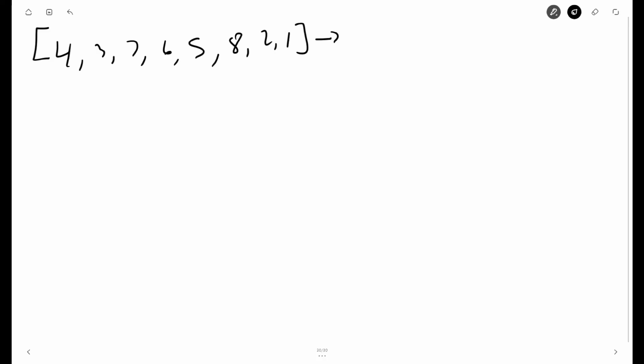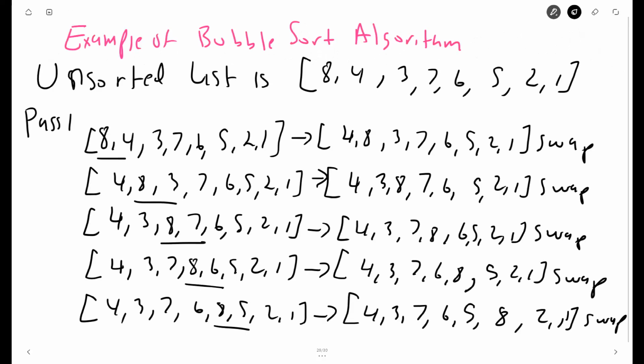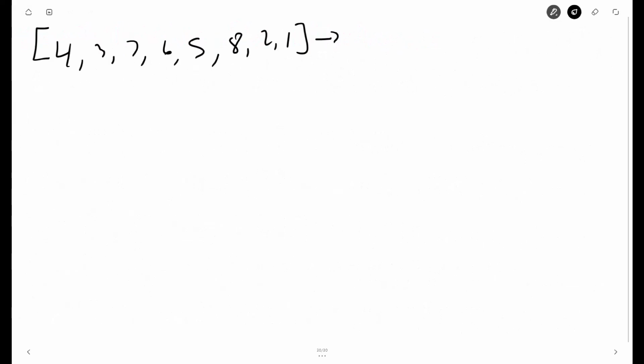Okay, so the last one we did were 8 and 5. So now we're gonna do 8 and 2. So we need another swap. So that would be 4 3 7 6 5 2 8 1, swap.